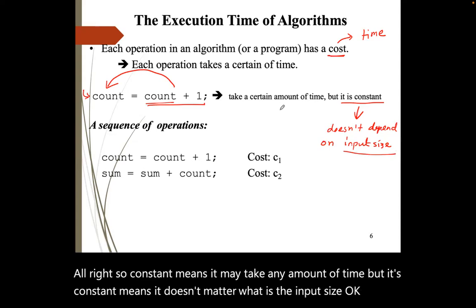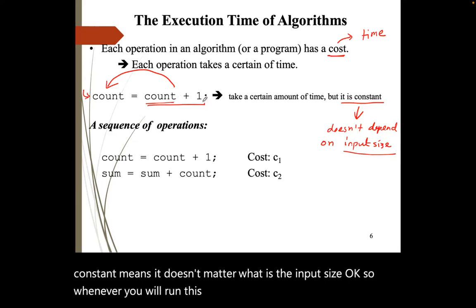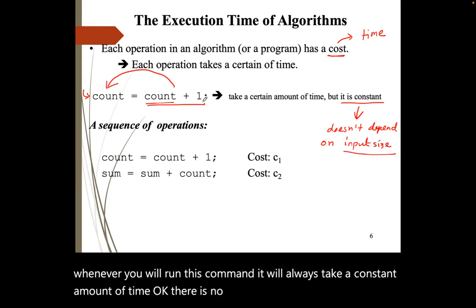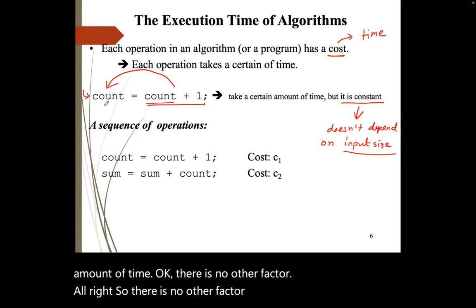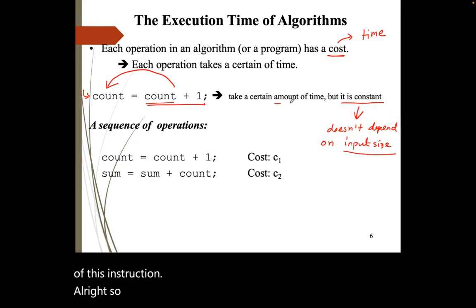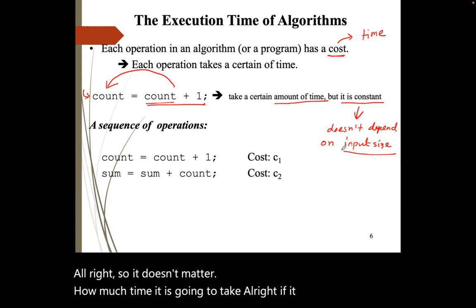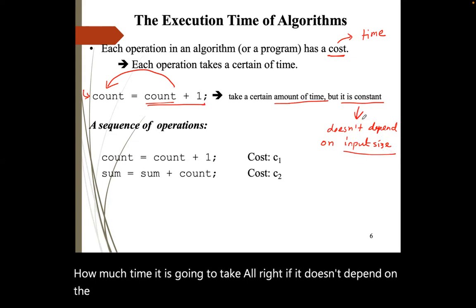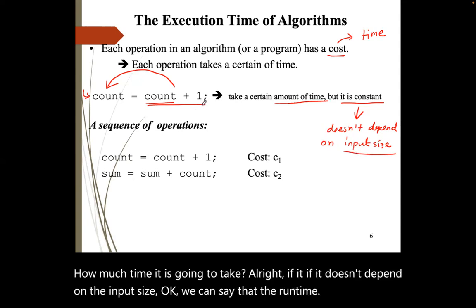Whenever you run this command, it will always take a constant amount of time. There is no other factor that will determine the runtime of this instruction. So it doesn't matter how much time it is going to take. If it doesn't depend on the input size, we can say that the runtime is constant.